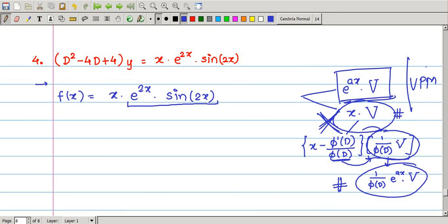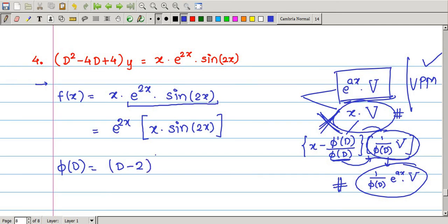Since we already know the variation of parameters method, we go for the shortcut method formula e raised to ax into v. So we can consider the exponential function and x into sine 2x. Since our phi of D is equal to (D minus 2) whole square, if we replace D by D plus a, since a is equal to 2, this value will be D square.